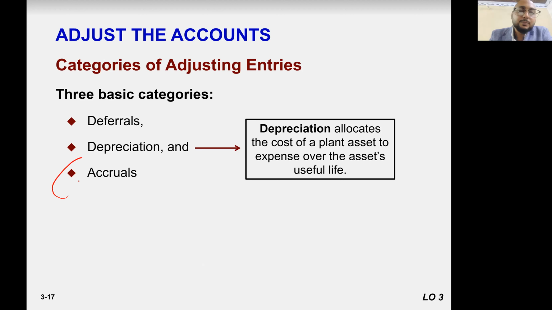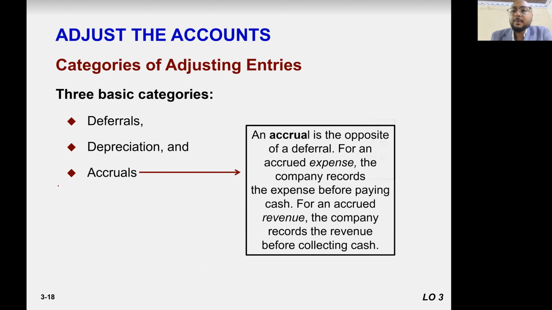Accrual. What are the accruals? Accruals is the opposite of deferral, which is expense occurred but not paid. Right? So for an accrual, accrued revenue, for example, you sell but you did not receive the money.